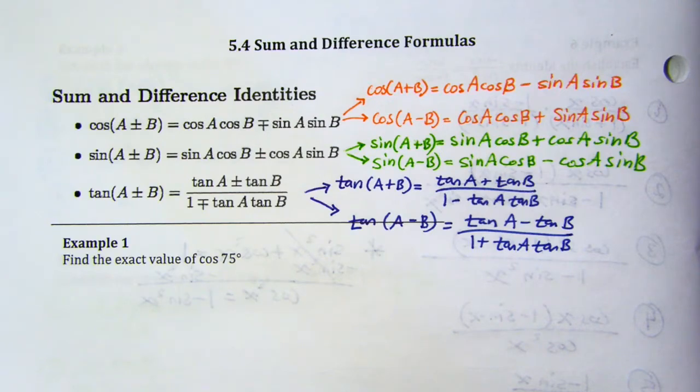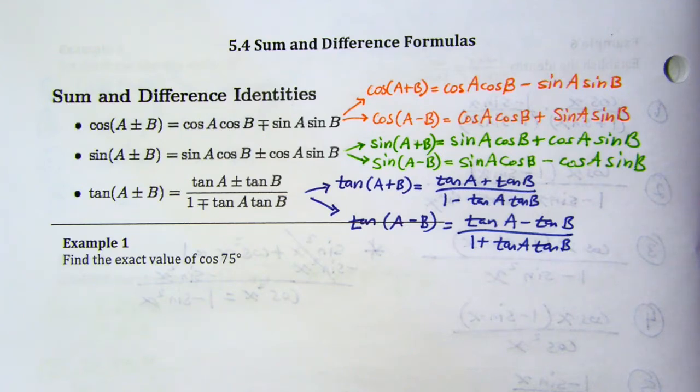We've also been able to find exact trigonometric values for pi over 4, pi over 3, pi over 6, pi over 2, etc. But we were limited to only those angles, because those are the ones that have special right triangles associated with them.